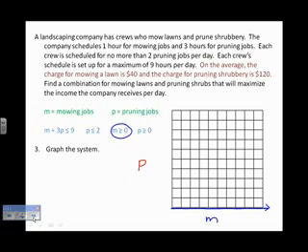And it actually doesn't matter which axes you use, because these 2 are not dependent on each other. So you can assign whichever one you want to the x-axis and whichever one you want to the y-axis. So now if I graph this constraint, that's going to be my y-axis.